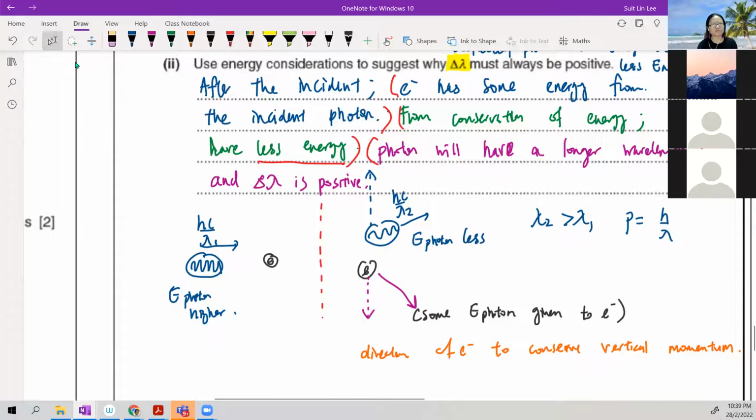Also, it has to be from the incident photon, not just from nowhere. The trail of evidence of the energy transfer is very important in our discussion. We need to know if there's extra energy, where it comes from. If some energy is missing, where does it go?